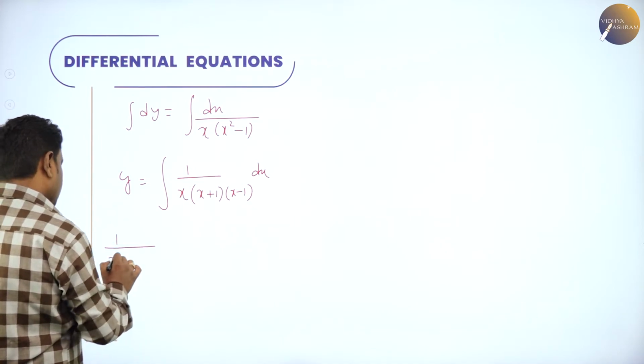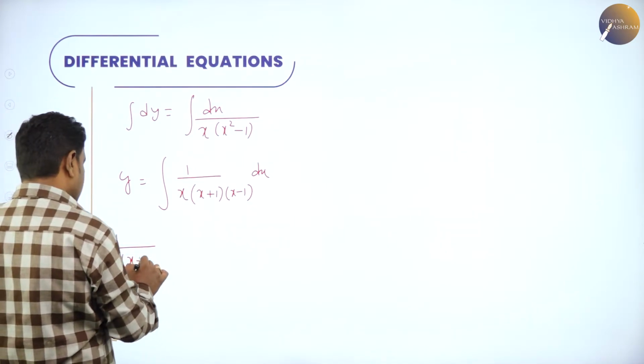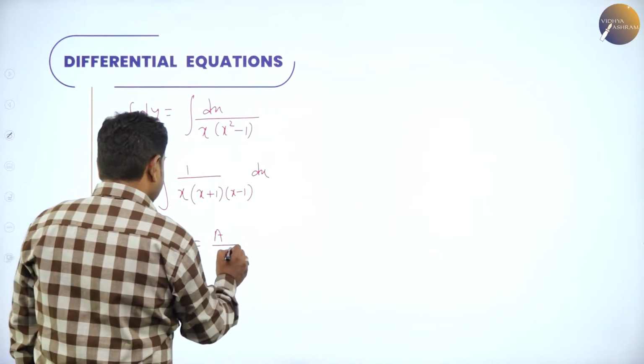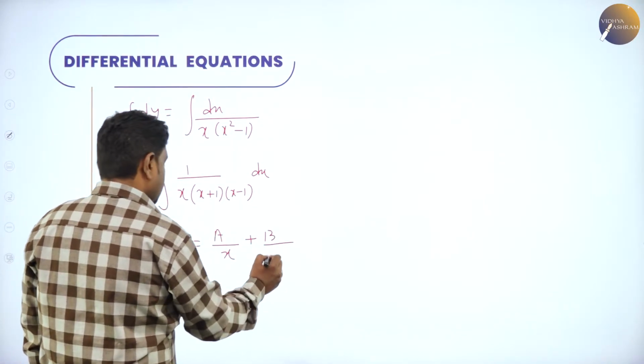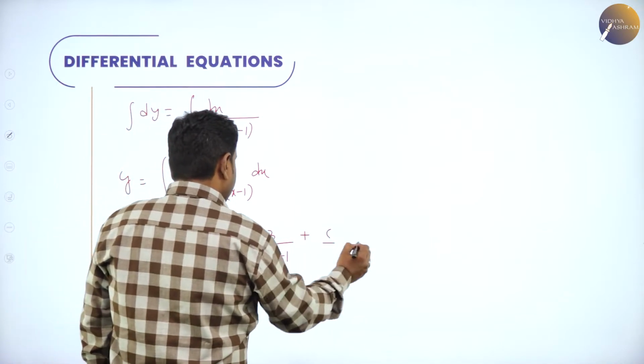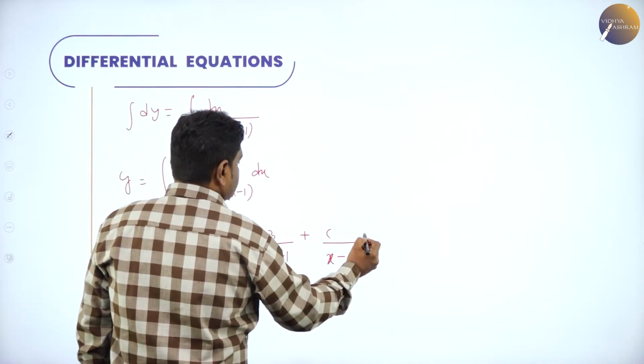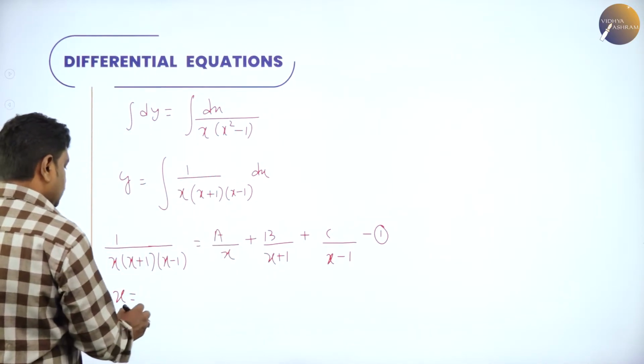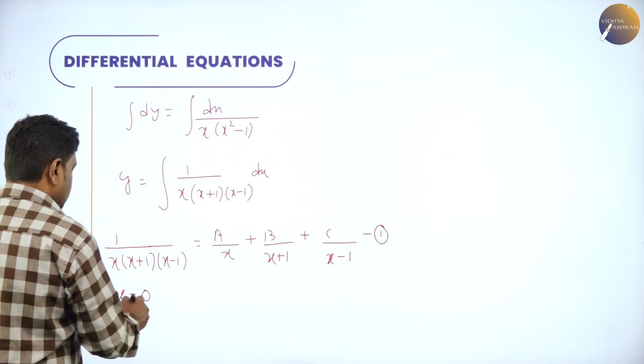So you will take RHS. In RHS we have 1 by x into x minus 1, x plus 1 into x minus 1. I'll write it as a by x plus b by x plus 1 plus c by x minus 1. Call it as equation 1. Now in the place of x, put 0, the first factor.